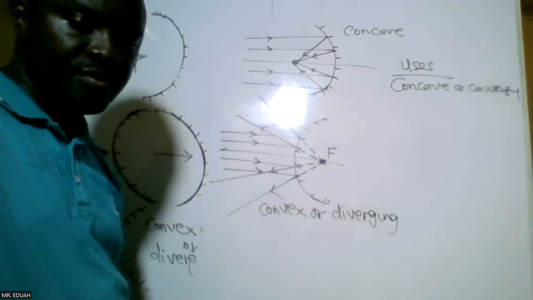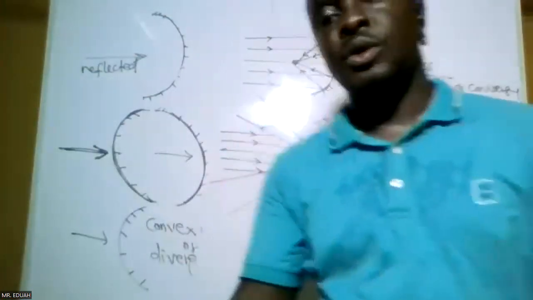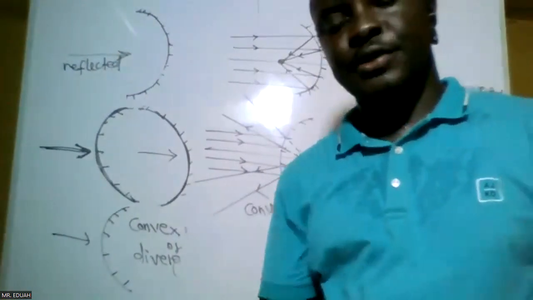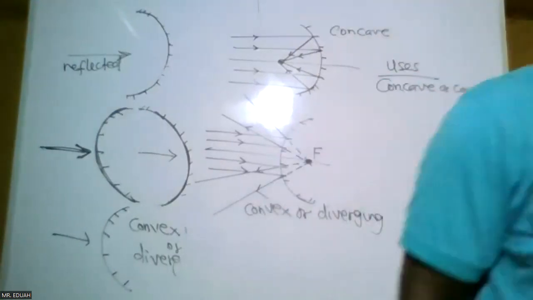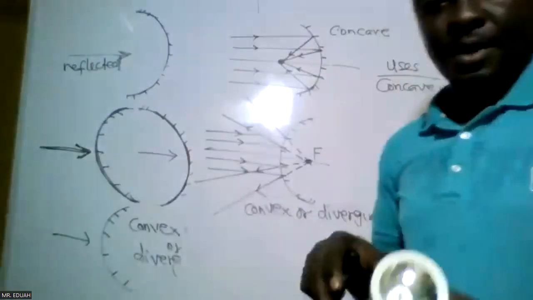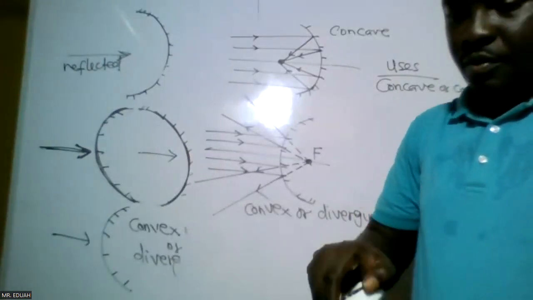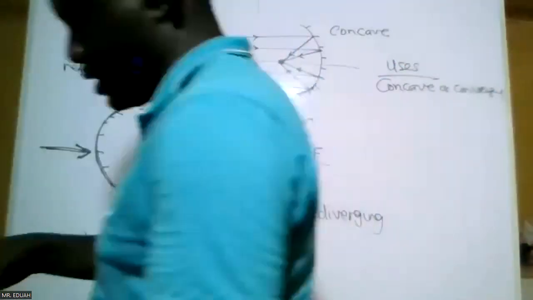They are used in torchlights as a reflector. So it is used in torchlights as reflectors. Let me show you one. Look at this. Let me open it for you to see clearly.